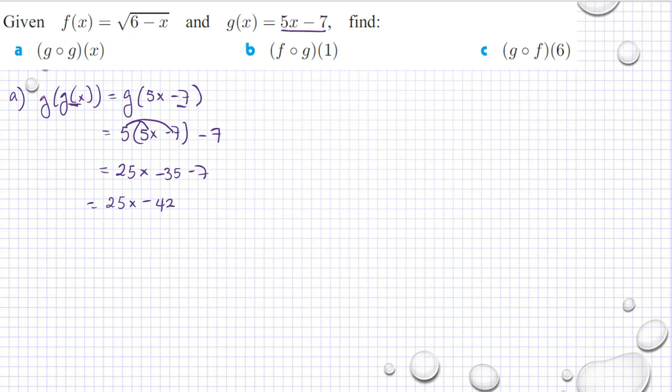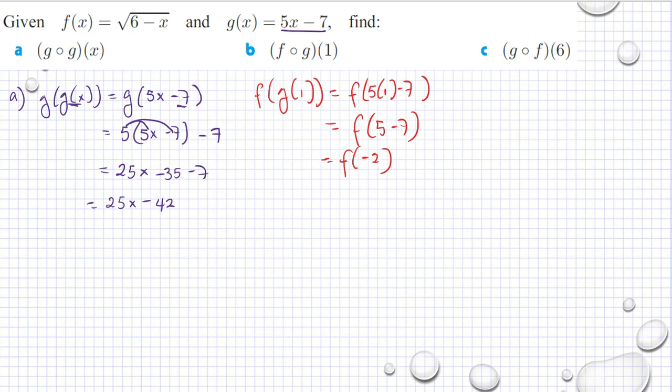Okay, for our b, we're going to find f of g of 1. Our g of 1 is 5 times 1 minus 7. So we have f of 5 minus 7, so f of negative 2.